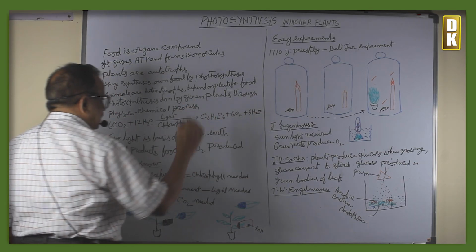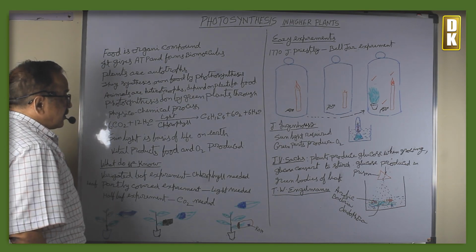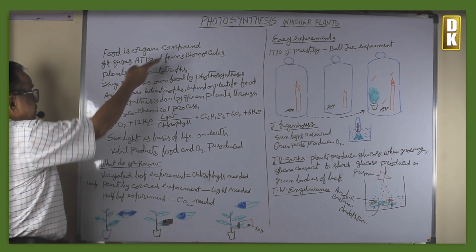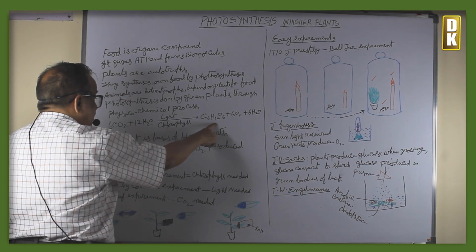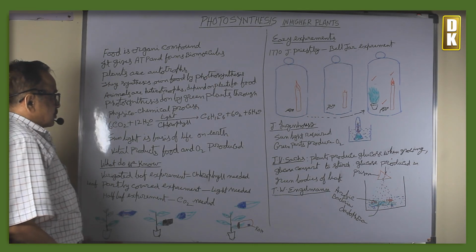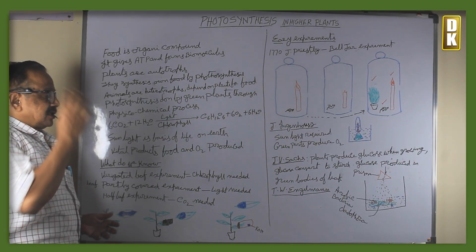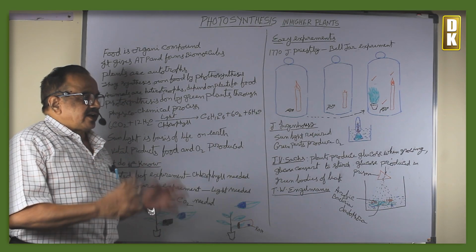This is also very important, the byproduct. But the main object of the photosynthesis is this one. Oxygen is the byproduct.